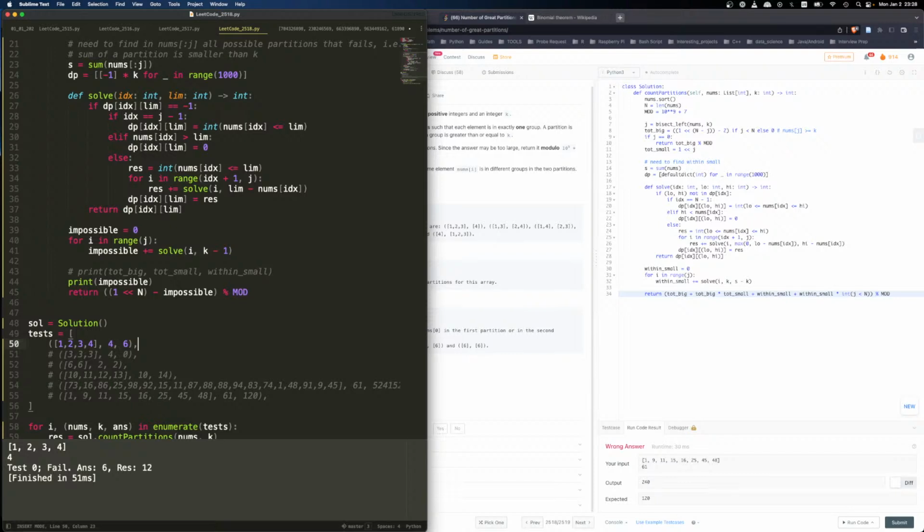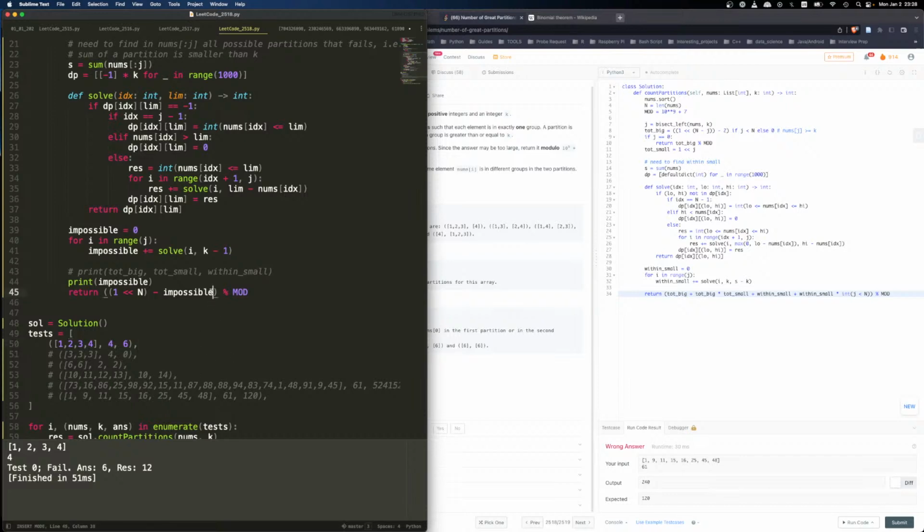This is 1, 2, 3, 1, 2, right? Multiply by 2. Because the impossible is like from this to the end. Like these are impossibles, right? So basically, say we have this number that are impossible, but the impossible can be on the first, or it can be on the second.